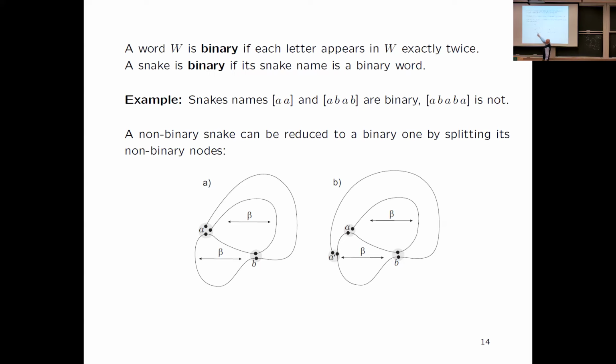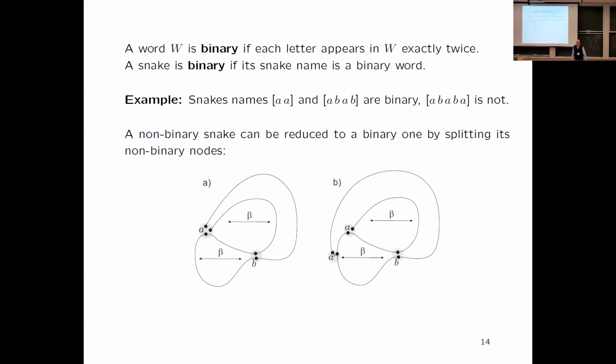So if we have a triple node like this, we can shift these two pieces, like shift A into 2A and A prime, and then we'll get a binary snake. So a binary snake is essentially a generic kind of snake, while a triple is not generic.